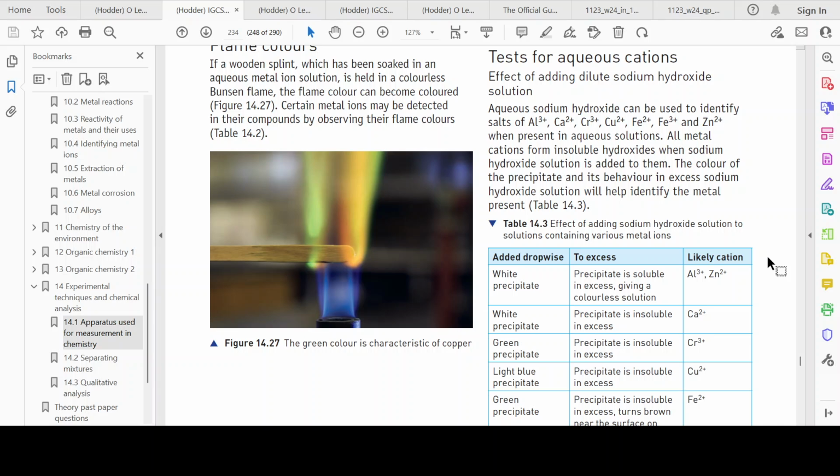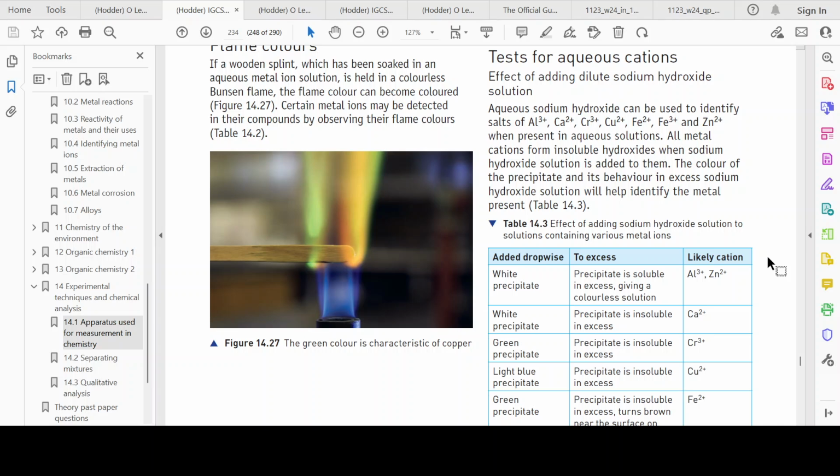When present in aqueous solutions, all metal cations, and you need to know the oxidation numbers of these, right? So chromium is 3 and zinc is 2, and they're all metals, so it's plus, right? They're losing electrons.